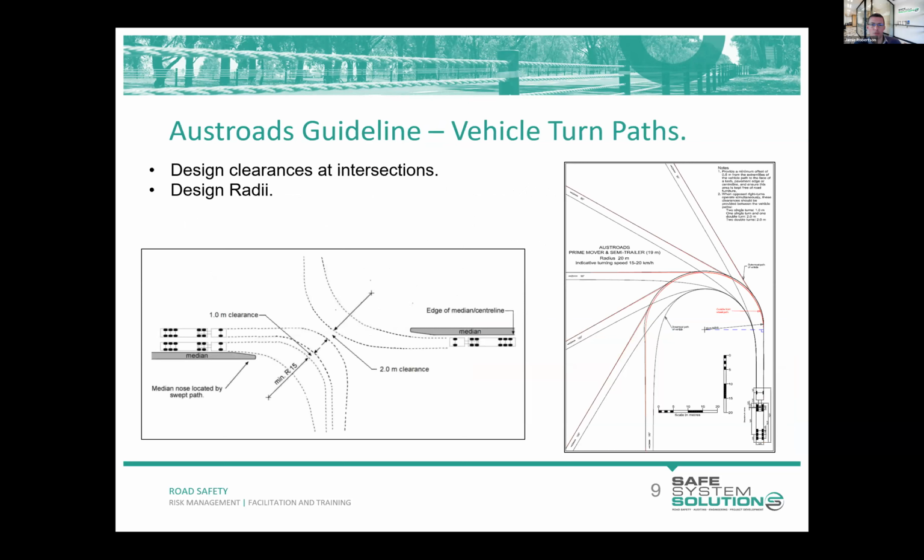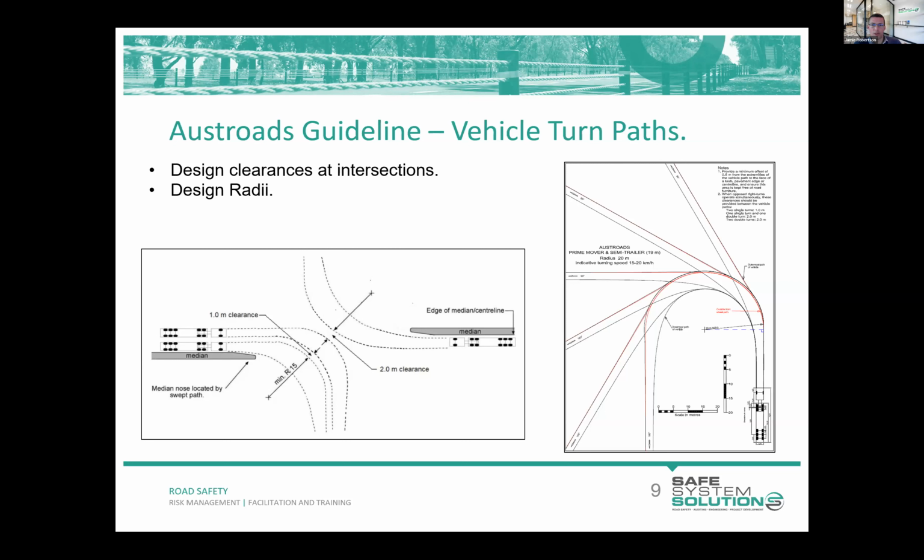So I mentioned the Austroads guides. There are lots of standards and guidelines around catering to the swept path requirements of larger vehicles in the Austroads Guide to Road Design Part 4 in particular, and the Austroads Turning Path Guide.